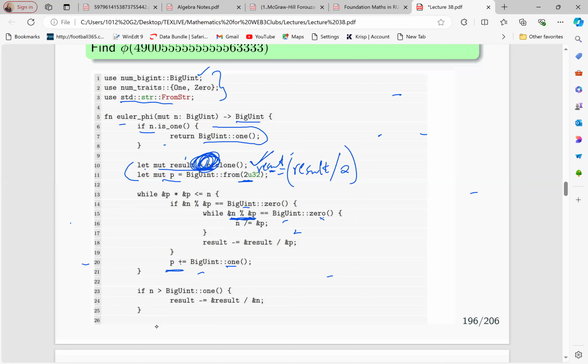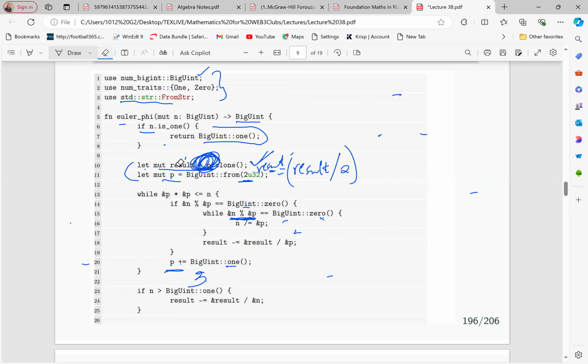But then we need to continue. So you see, you move to 3 now. When you move to 3, you come back here.